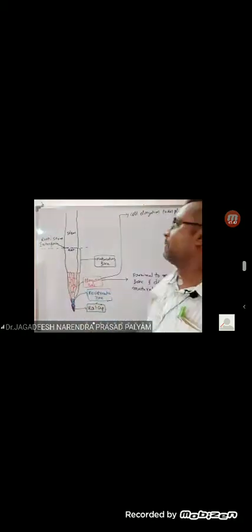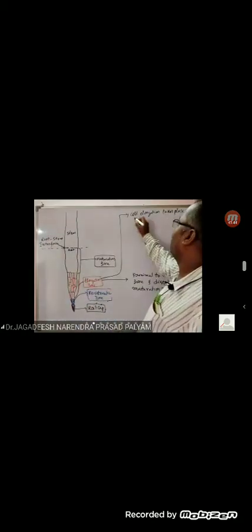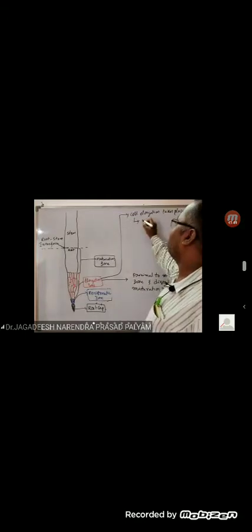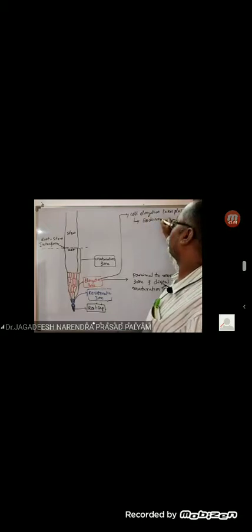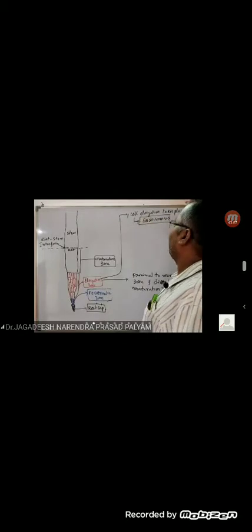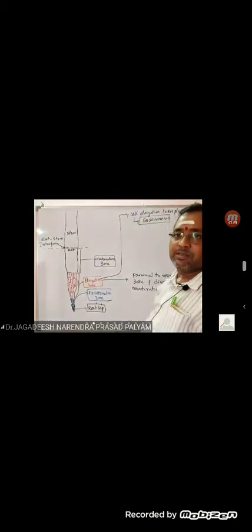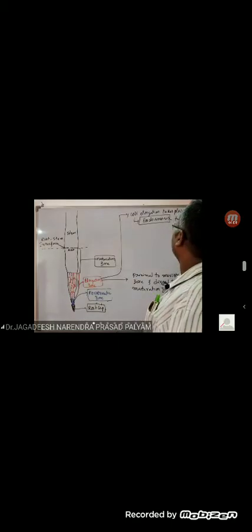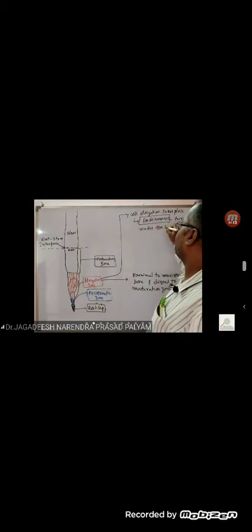How do they expand? Cell elongation takes place because of excessive turgidity or endosmosis. Because of endosmosis or turgidity, the cells elongate.